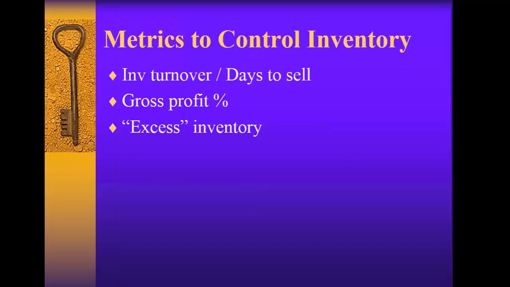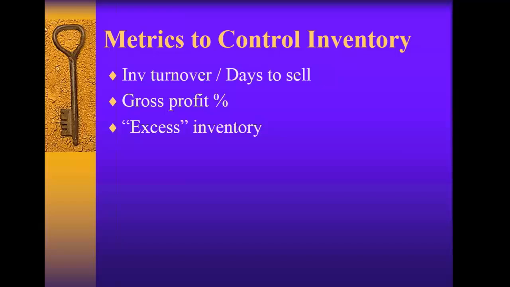We do this based upon our inventory turnover and the number of days in the year. Days to sell is essentially saying, okay, some inventory stays on our shelf for 7 days, or some inventory stays on our shelf for 45 days. That information becomes very important because we're then able to determine if in fact we have too much inventory.